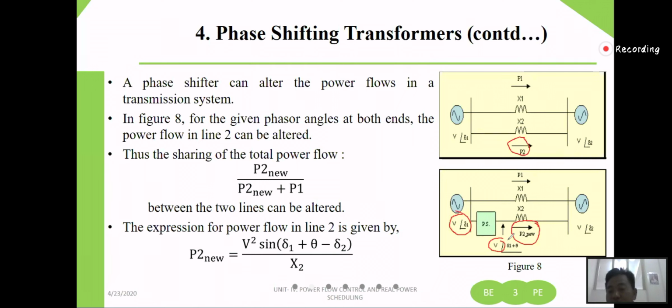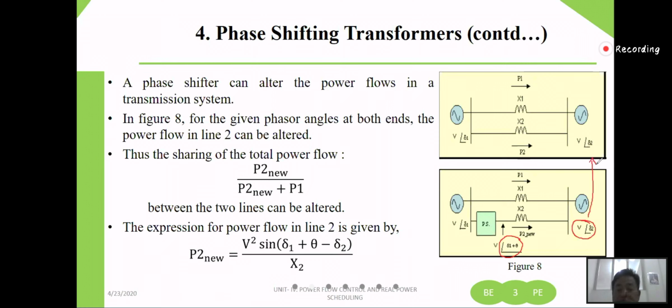Let's assume a positive phase shifter has been introduced, so you will have a phase angle of delta 1 plus theta, which means we have introduced a phase shifter which will introduce a small phase shift by angle theta, and the receiving end will remain the same.